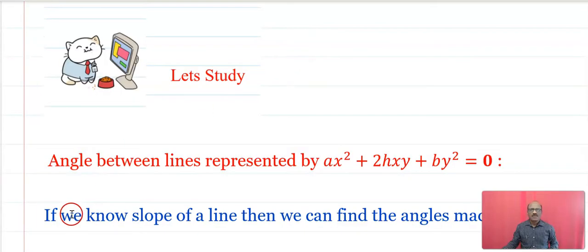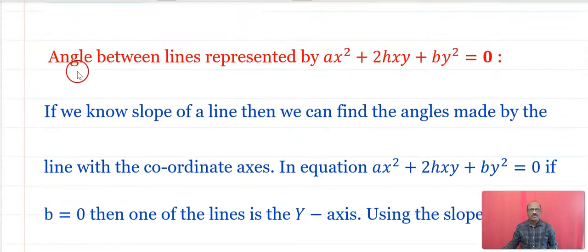Now let us start the angle between the lines. Now let's study the angle between the lines represented by ax square plus 2hxy plus by square equals 0. If we know the slope of a line, then we can find the angles made by the line with the coordinate axis.